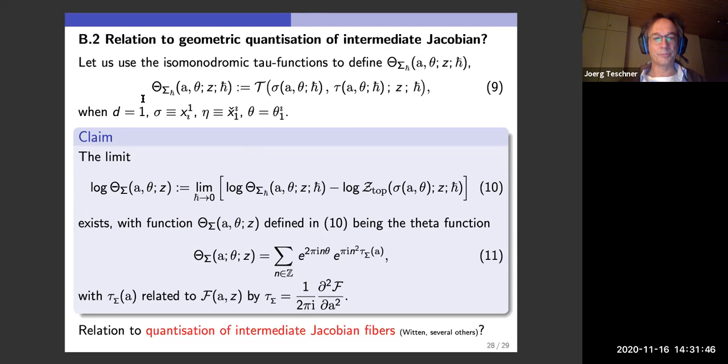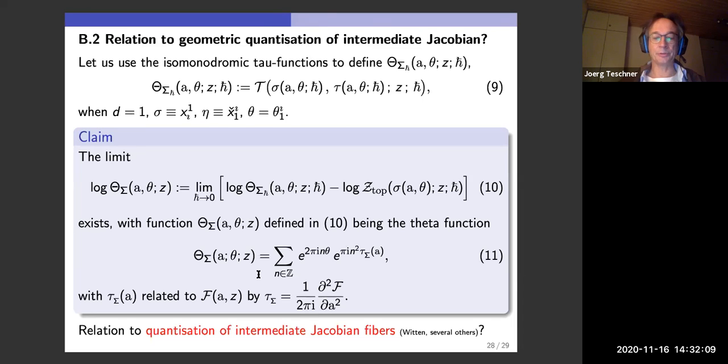In other words, this here, our theta function, which is essentially a composition of tau function with holonomy, is basically a canonical h bar deformation of the theta function on the Jacobian torus fibration.